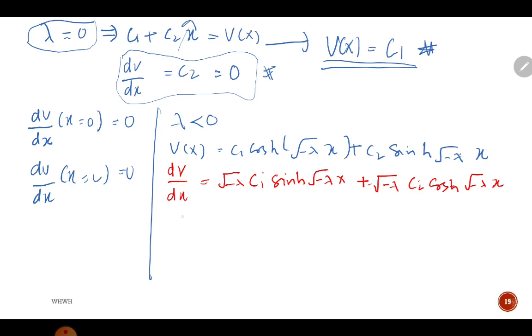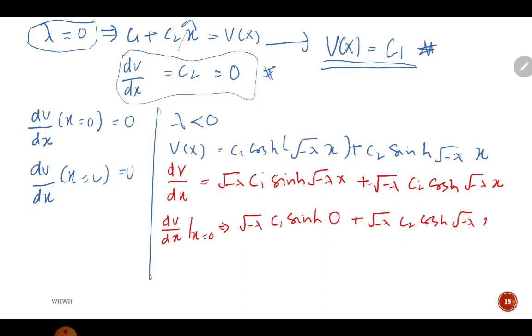Okay, dan dari situ kita gantilah dv over dx at x equals to 0. Kita akan dapat minus lambda C1 sin 0 plus root of minus lambda C2 cos 0, maksudnya ini 0 equals to 0 kat sini.